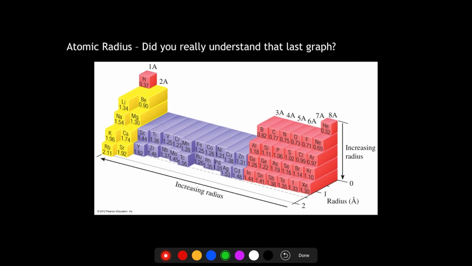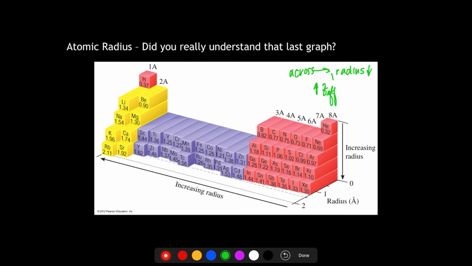But as we go across a period, what happens? Radius decreases as we go across a period. Now, if we think back, we already said in terms of explanations that we have an increasing Z effective as we go across the period.